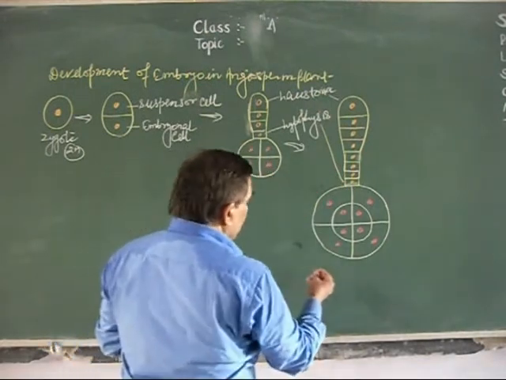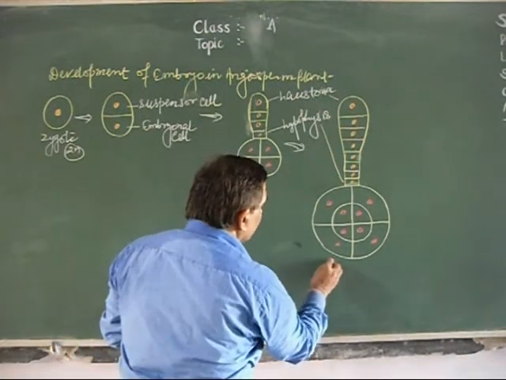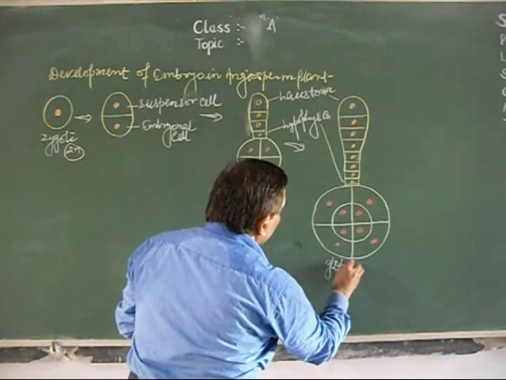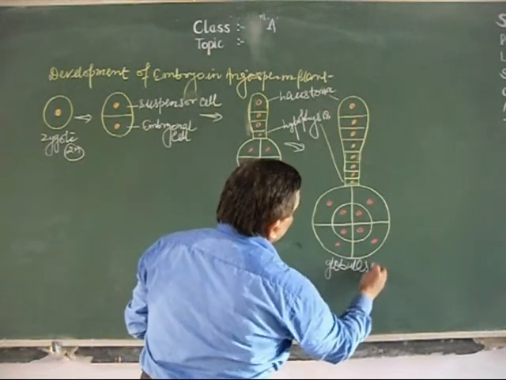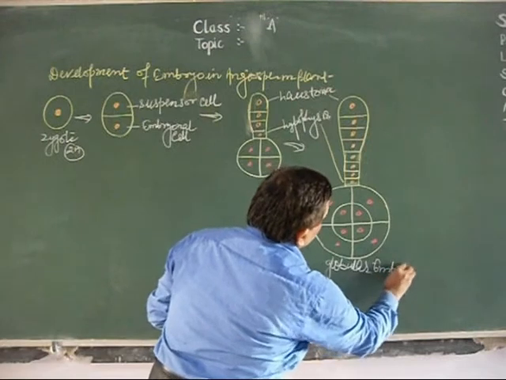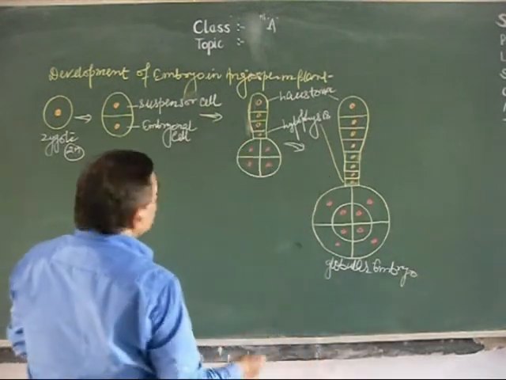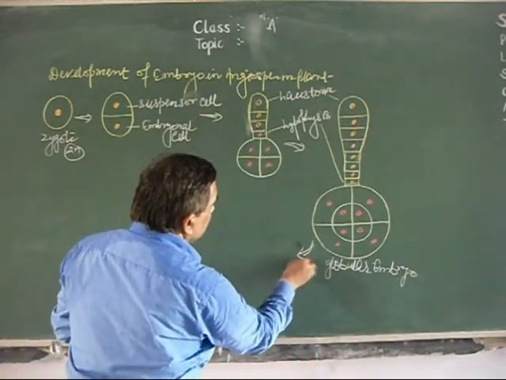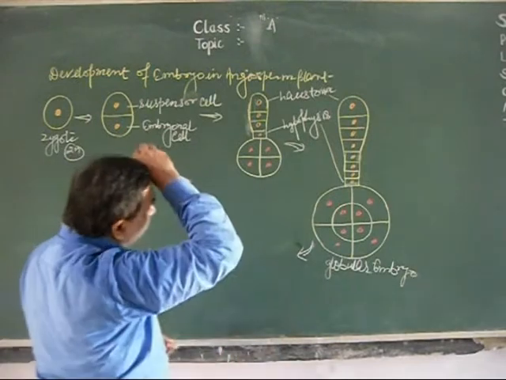Now this is called as globular embryo. In next step, it form heart-like embryo.